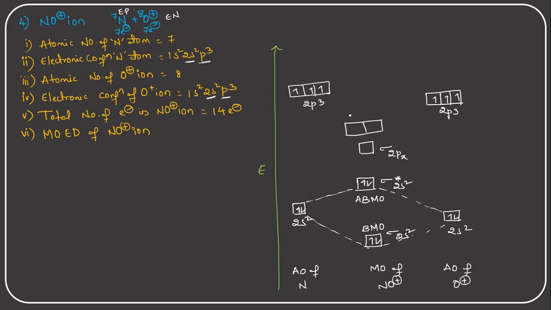So sigma 2px and pi 2py, and this orbital is pi 2pz. These are the bonding molecular orbitals. And now the upper portion will be as usual, so the pi star orbitals and the sigma star orbital. The sigma star orbital is always formed as the result of the overlapping or merging of the 2px orbitals.